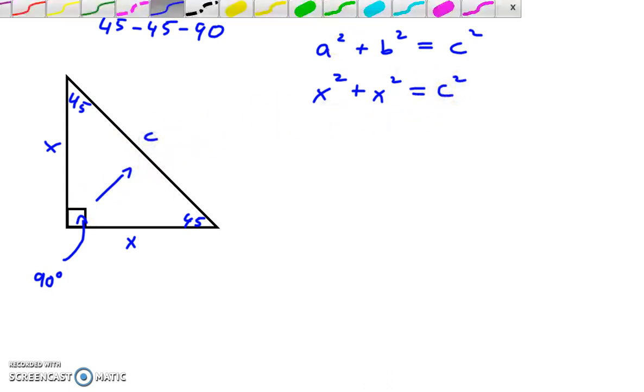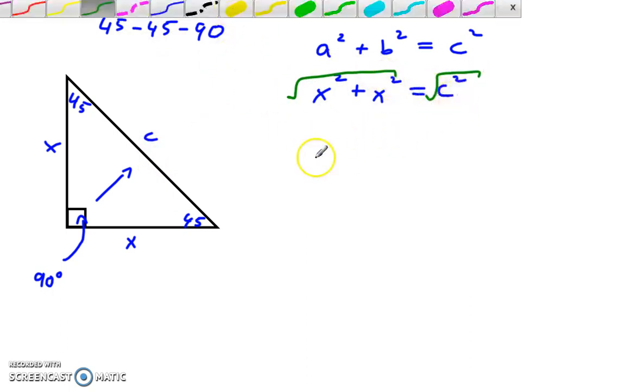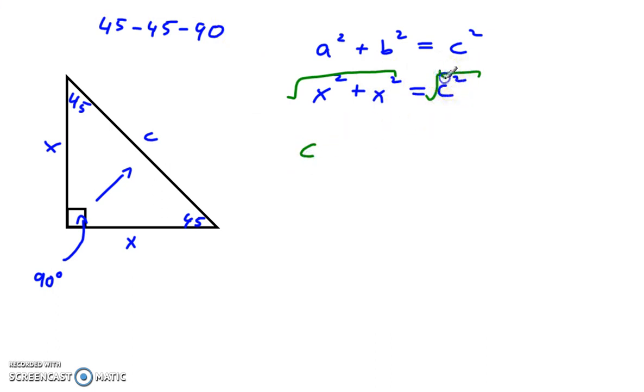Now to solve this, I would square root both sides. The square and square root cancel out, so c is equal to the square root of x squared plus x squared. Now, if I have something that I'm adding to itself, I can also write 2 times x squared.